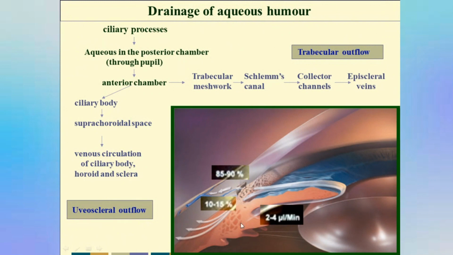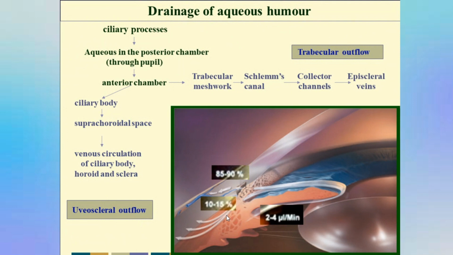Again, ciliary processes produce aqueous humor. Aqueous humor goes through the pupil to the anterior chamber, one way is trabecular outflow, and the second way is uveoscleral outflow. So part of the aqueous humor goes through the ciliary body, suprachoroidal space, and to the venous circulation of the ciliary body, choroid and sclera.